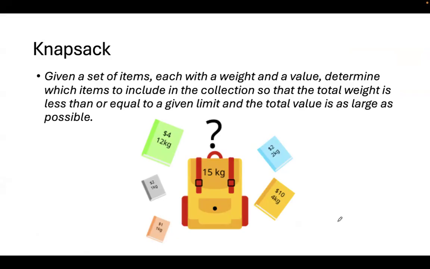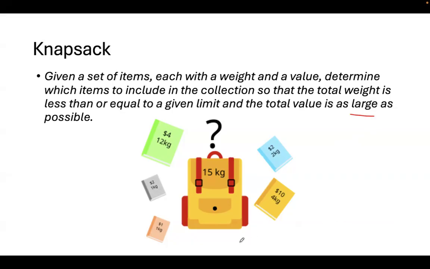The more mathy way of saying that is: given a set of items, each with a weight and a value, determine which items to include in the collection so that the total weight is less than or equal to a given limit. The given limit is the capacity of the bag, and the total value is as large as possible. So this is a case where we're looking for the most.